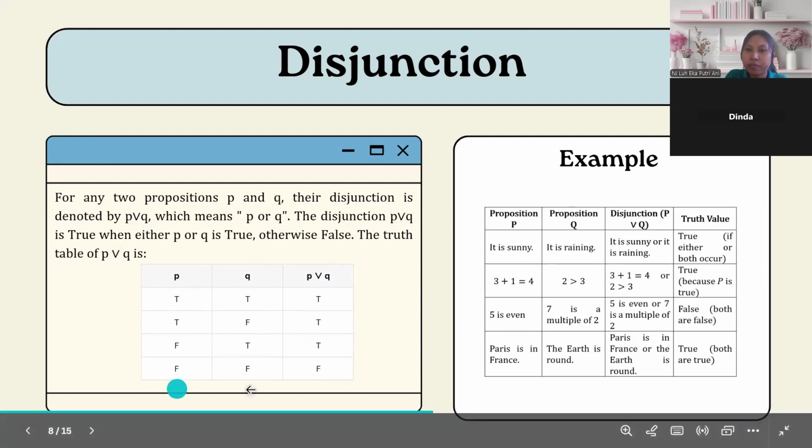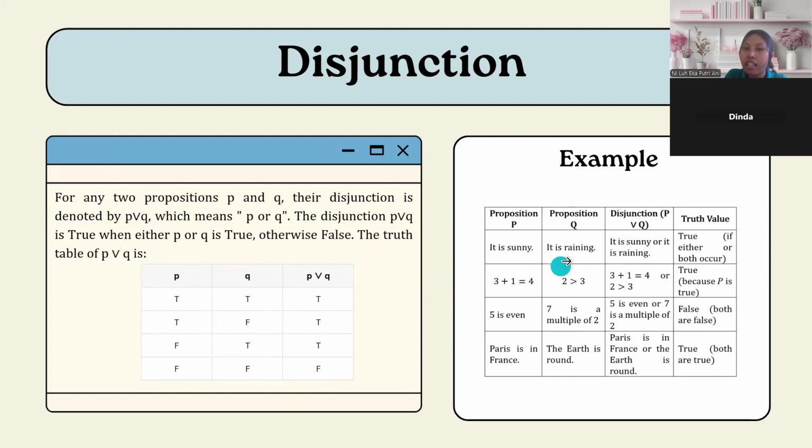For example, P is it is sunny, and we have the proposition Q, it is raining. So the disjunction of P and Q, or P or Q, is it is sunny or it is raining. Okay, the truth value for this disjunction is true, because either or both occur.